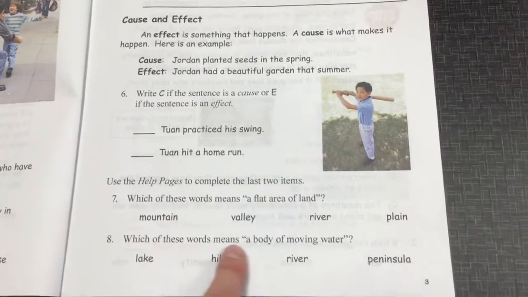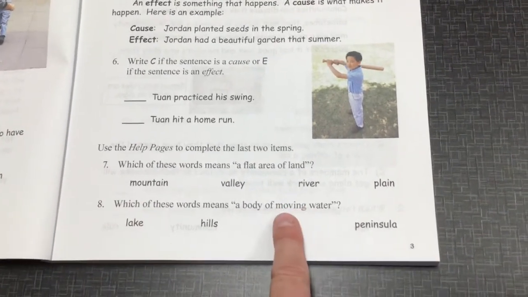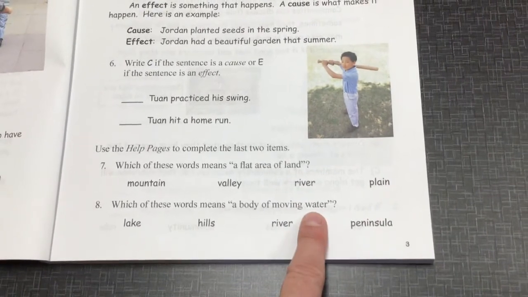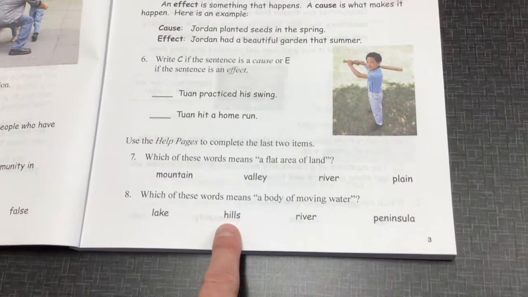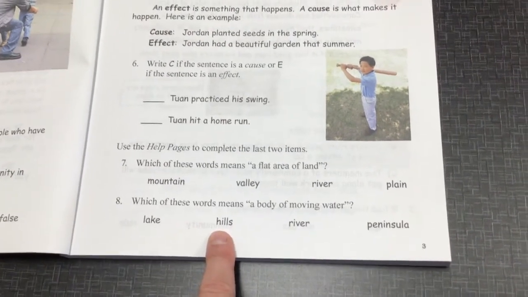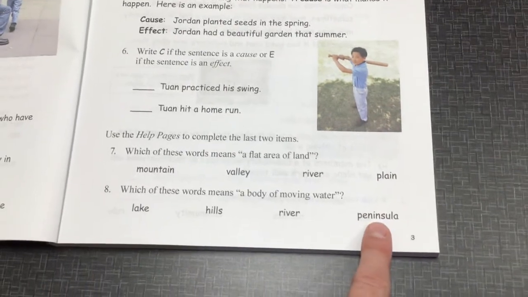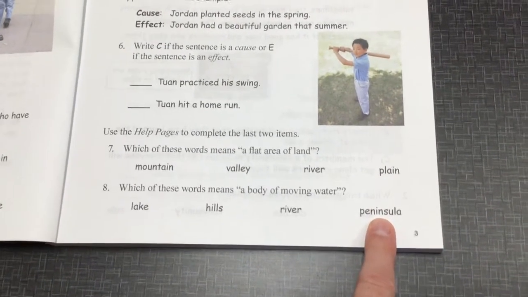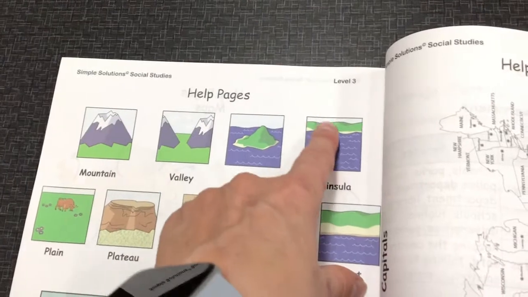Which of these words means a body of moving water? So it's moving water, okay? Is a lake moving water? Are hills moving water? A river moving water? Or a peninsula moving water? Let's look up peninsula because that's a new word. Here's a peninsula right there.